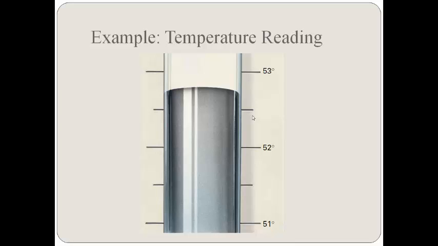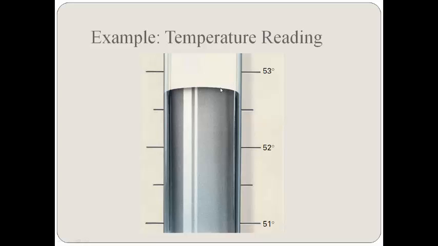So how does it work? What's the concept of significant figure? As you see here, we have the thermometer. If we want to read the temperature, the level of this liquid inside the thermometer is somewhere between 52.5 and 53. So we can say the temperature is 52.7.